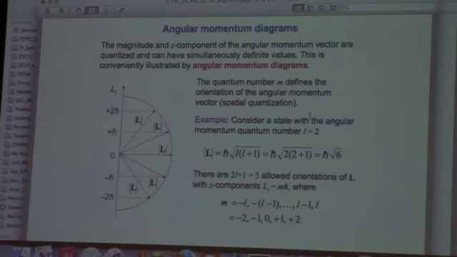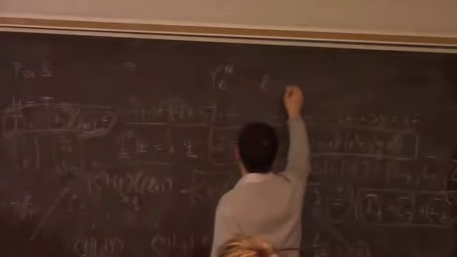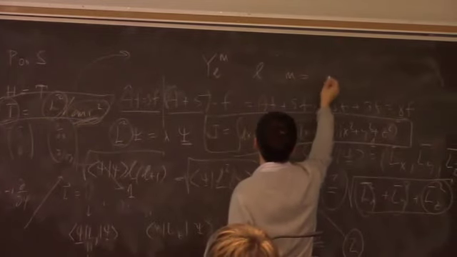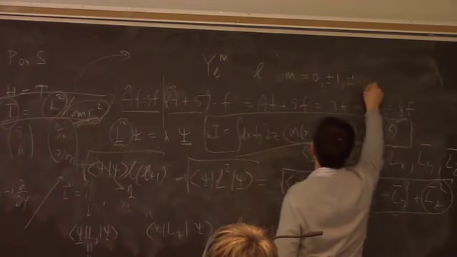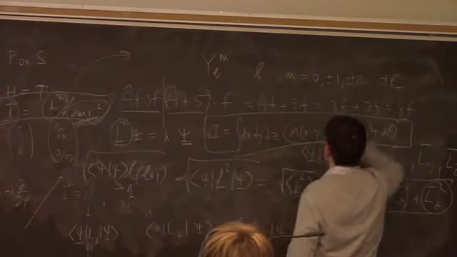So what does this all mean? If we pick some particular spherical harmonic function with certain L, that sets up the m range between 0, plus minus 1, plus minus 2, and up to plus minus L, right?